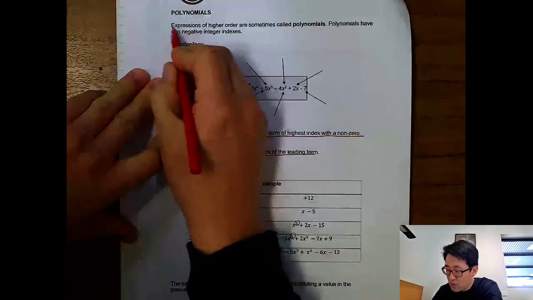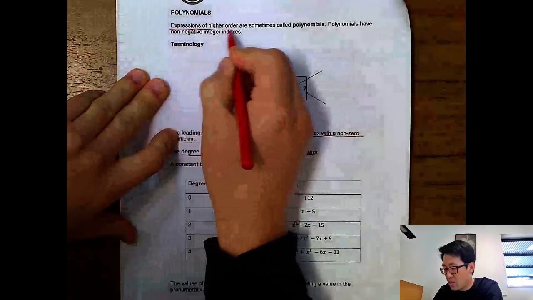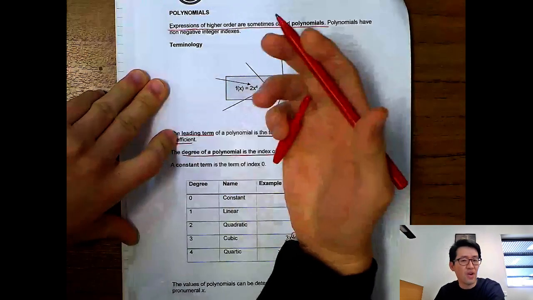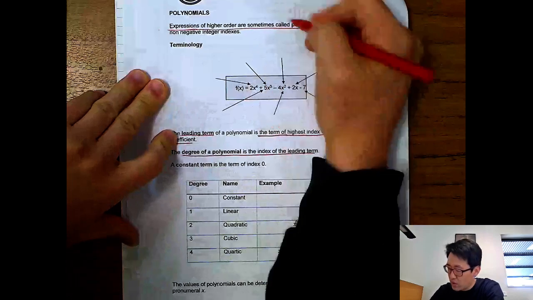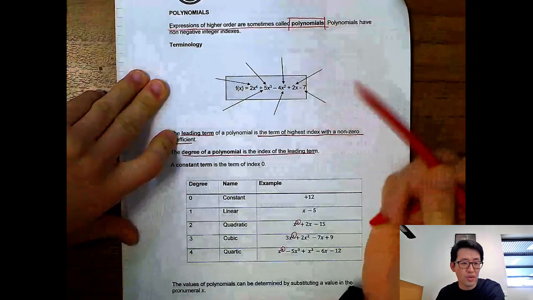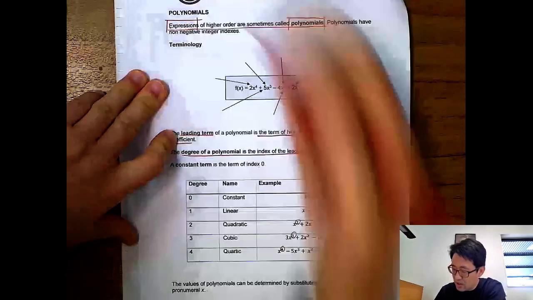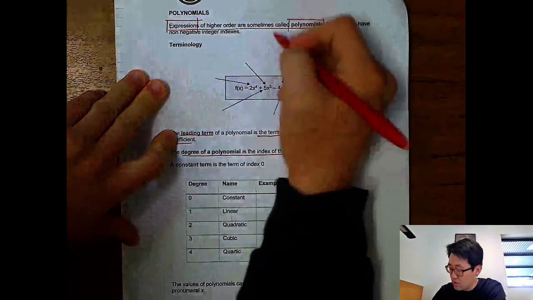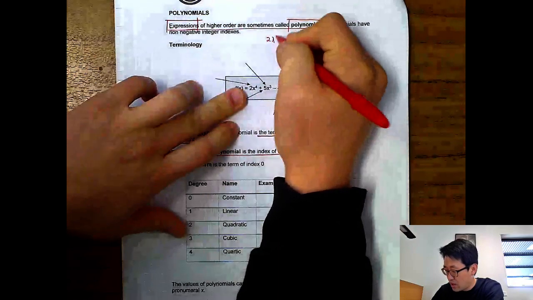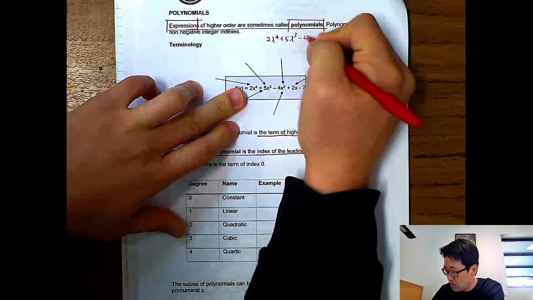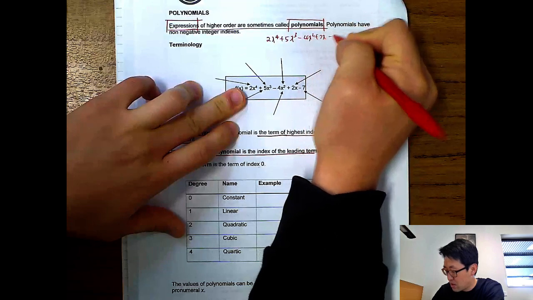Here we go. Expressions of higher order are sometimes called polynomials. It's like a function. It is a function, but we call it by another name, polynomials, here. A polynomial is an expression, because you can just write down 2x power 4 plus 5x cubed minus 4x squared plus 2x minus 7.